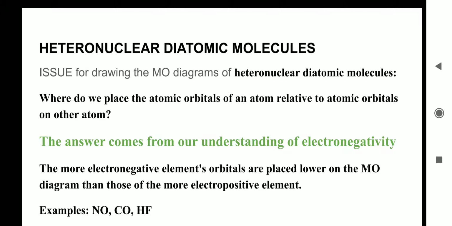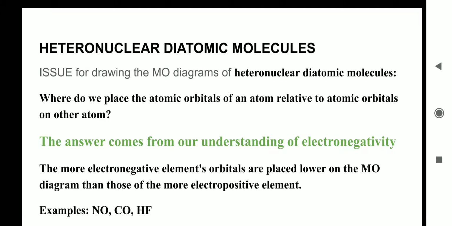In case of homonuclear molecules, we were placing the atomic orbitals at the same level because they belong to the same atom. But this cannot be done in this case. The answer for this comes from our understanding of electronegativity.